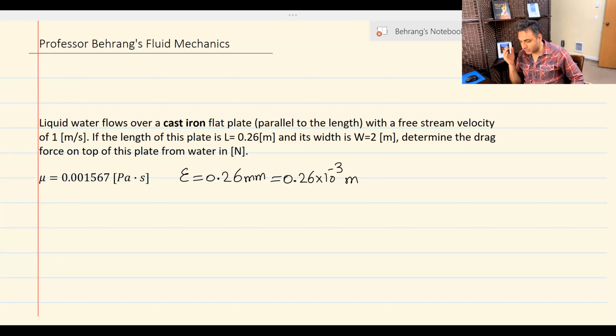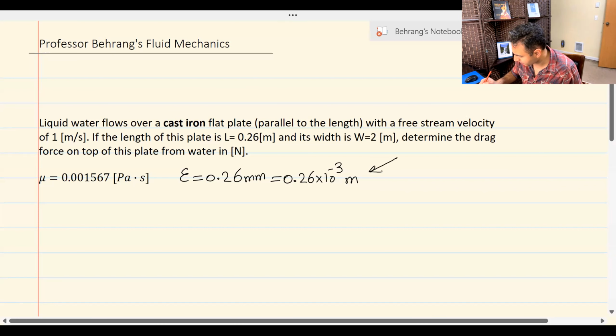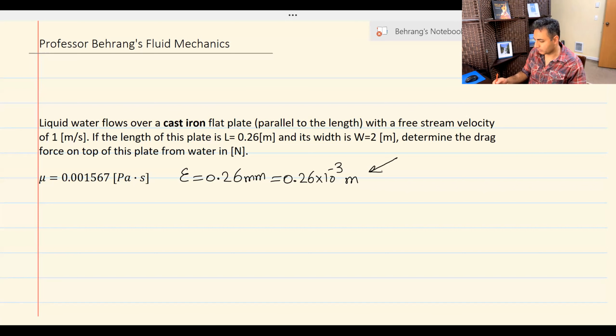Okay, so this is cast iron. I already got the value for epsilon for cast iron from a table from fluid mechanics books. It's 0.26 millimeters. We have to convert it to meters. This is probably going to be category 4 or category 5. I have to double check a couple of things to see if it falls into category 4.